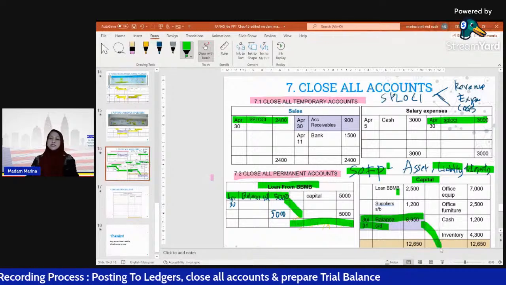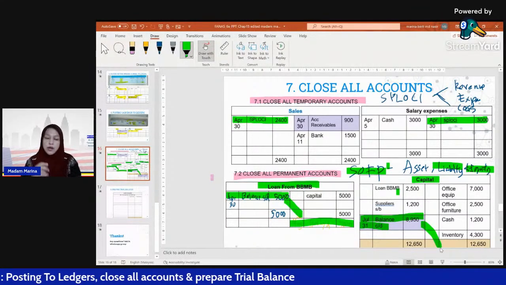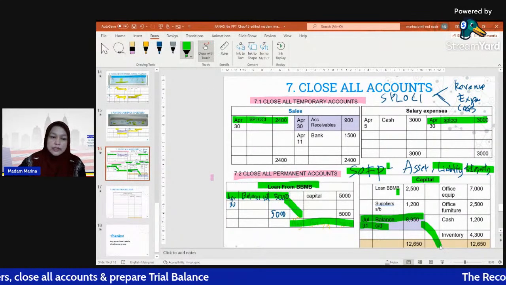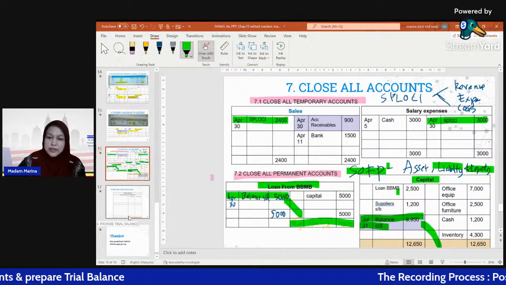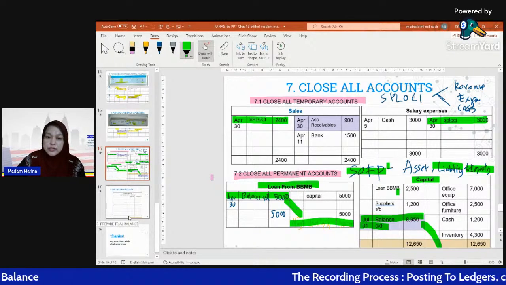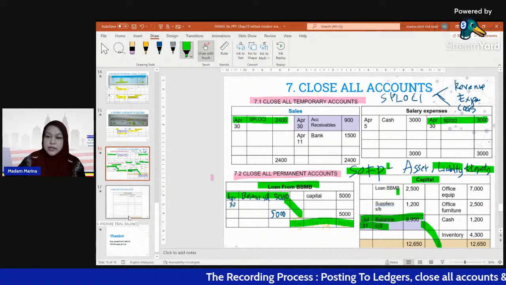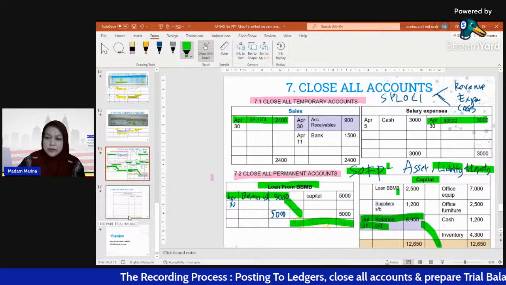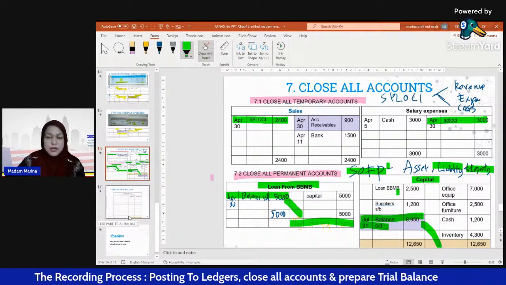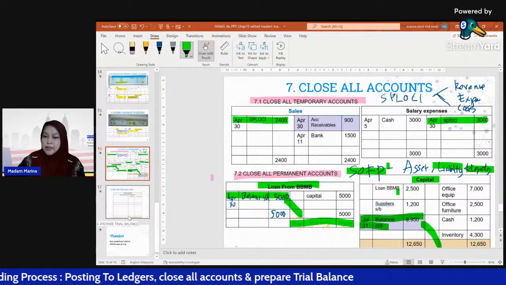Okay, so the last part here, how we record in the trial balance. Okay, how we record in trial balance. Okay, so now tengok semua yang madam highlight kan warna hijau. So madam nak post hanya 4 accounts ni saja dalam trial balance. Okay, tengok semula.